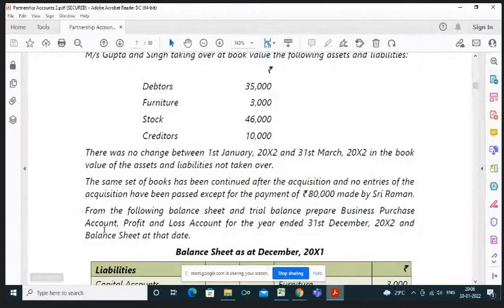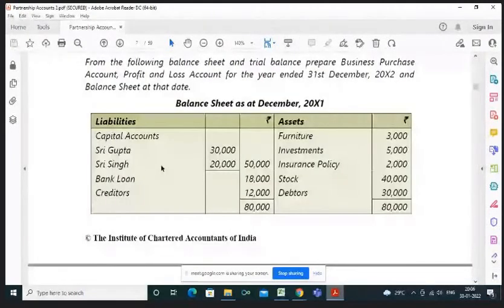On the liability side, capital account, Sri Gupta 30,000, Sri Singh 20,000, total capital 50,000. Bank loan 18,000, creditors 12,000, total is 80,000. On the asset side, furniture 3,000, investments 5,000, insurance policy 2,000, stock 40,000, debtors 30,000, total is 80,000.